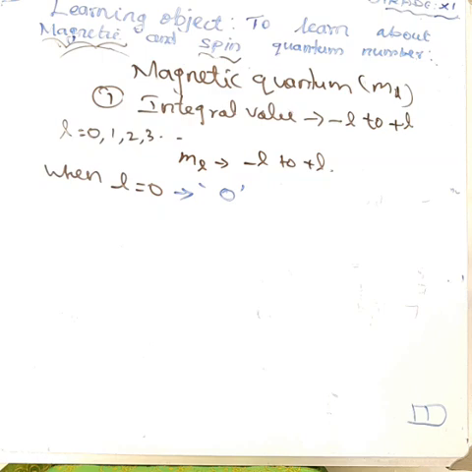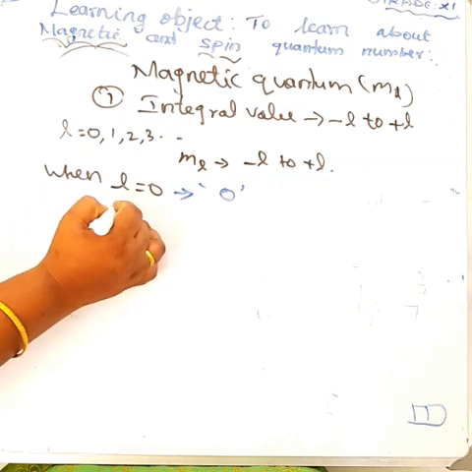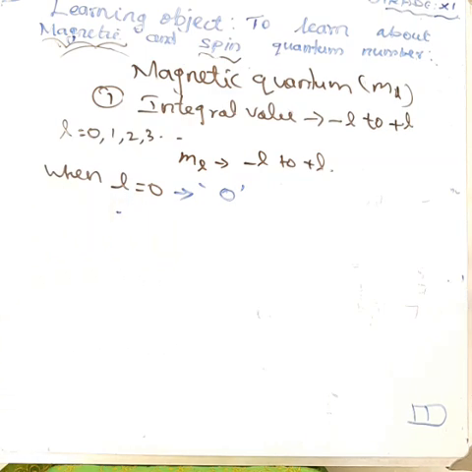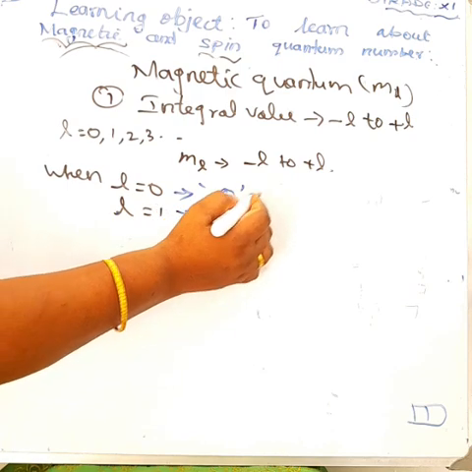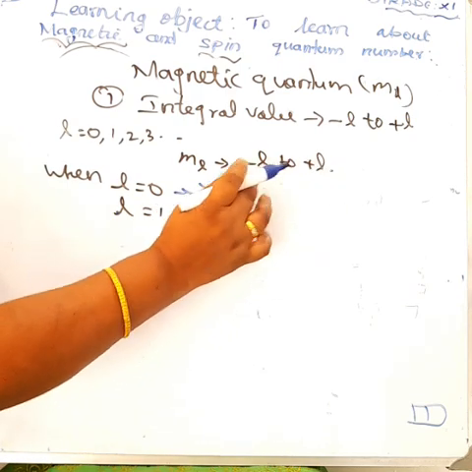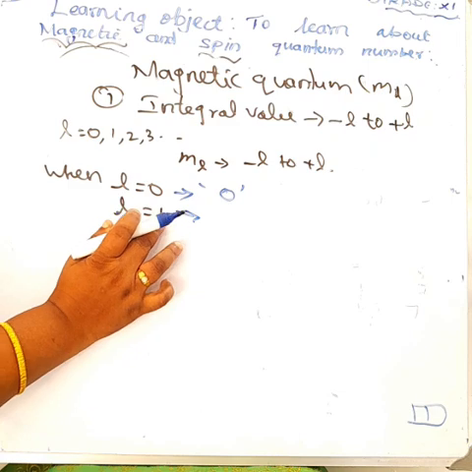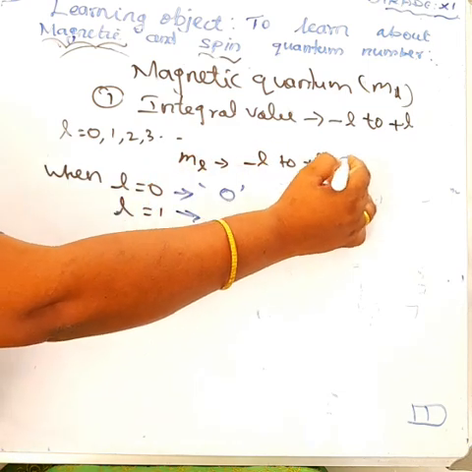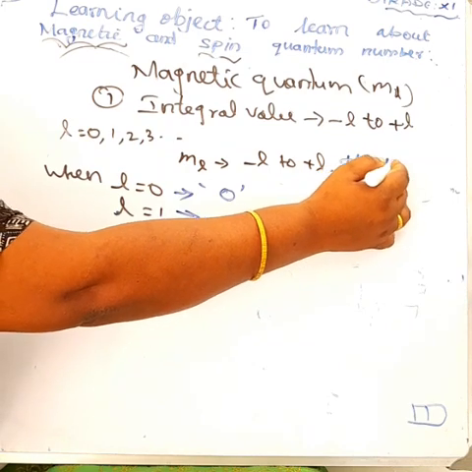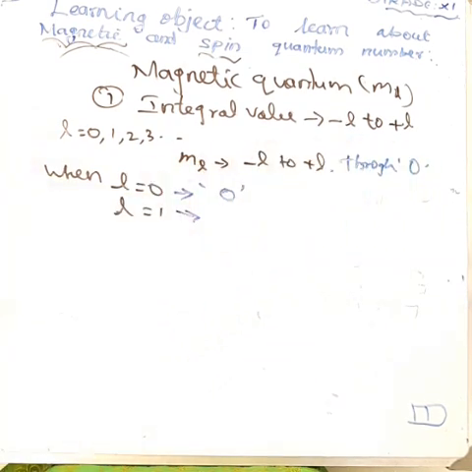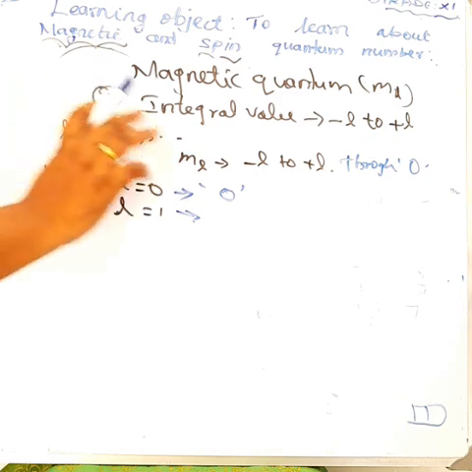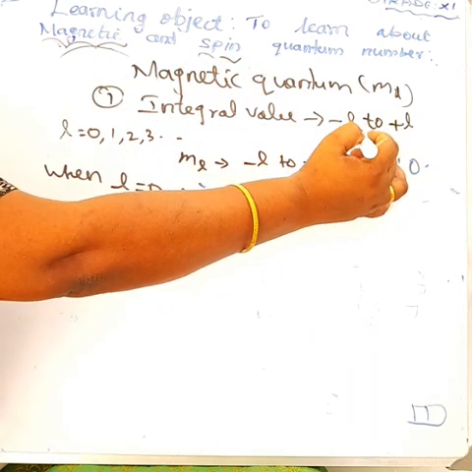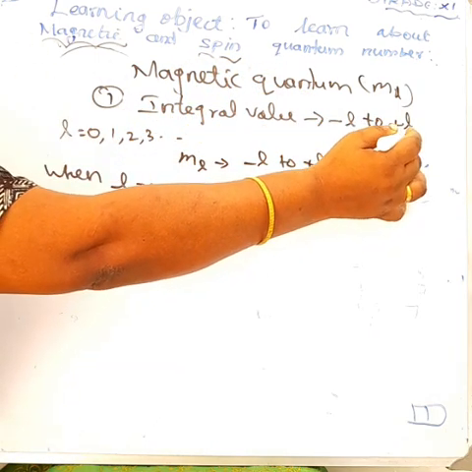Okay, when L is equal to 1, what about the integral value of the magnetic quantum number? It ranges from minus L to plus L through 0. The L value here is 1.